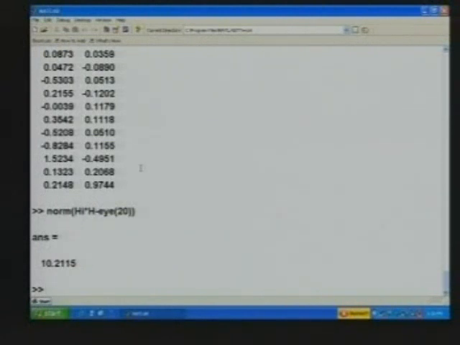What I did is, first I took H, the Hilbert 20 by 20 matrix. Then I found the condition number of H. You can see it is a very bad condition matrix, about 10 to the power 18. That means the ratio of the largest eigenvalue to the smallest eigenvalue is 10 to the power 18.